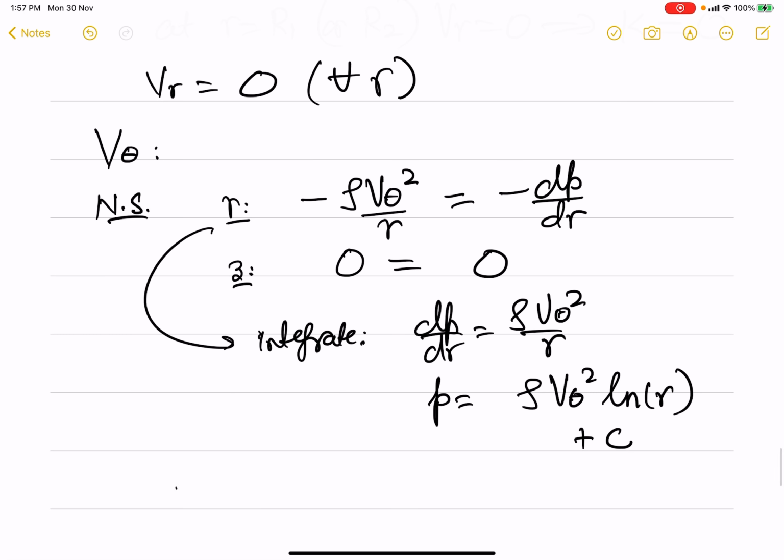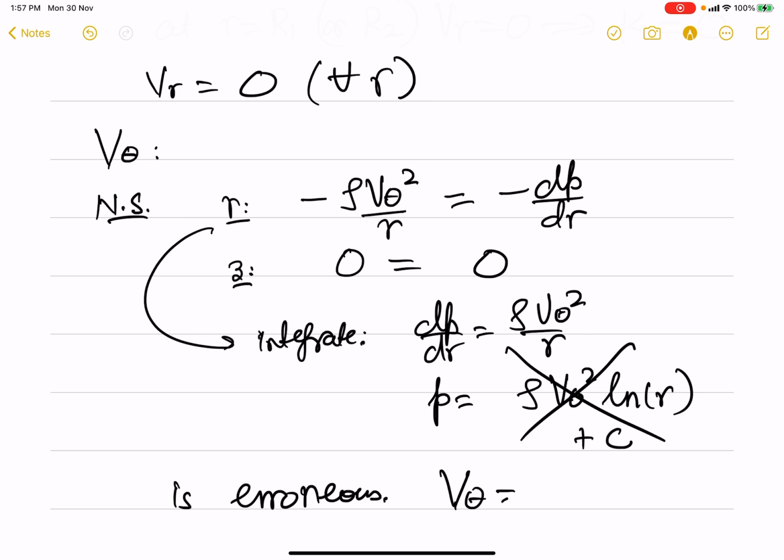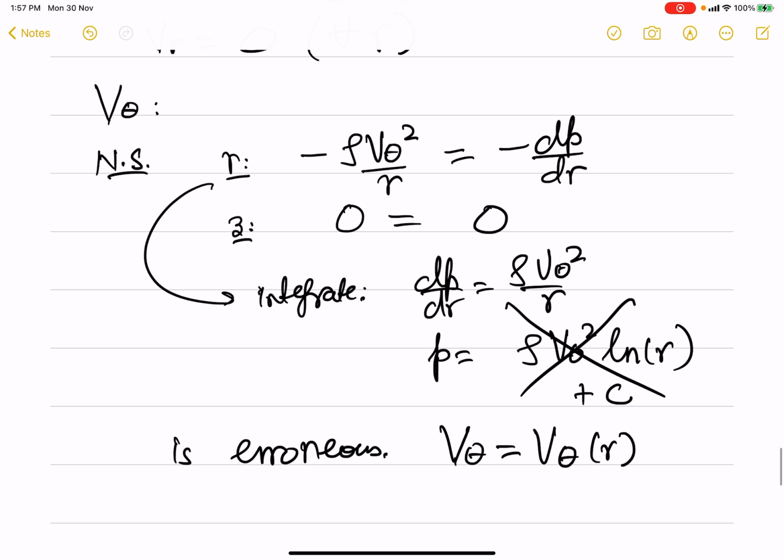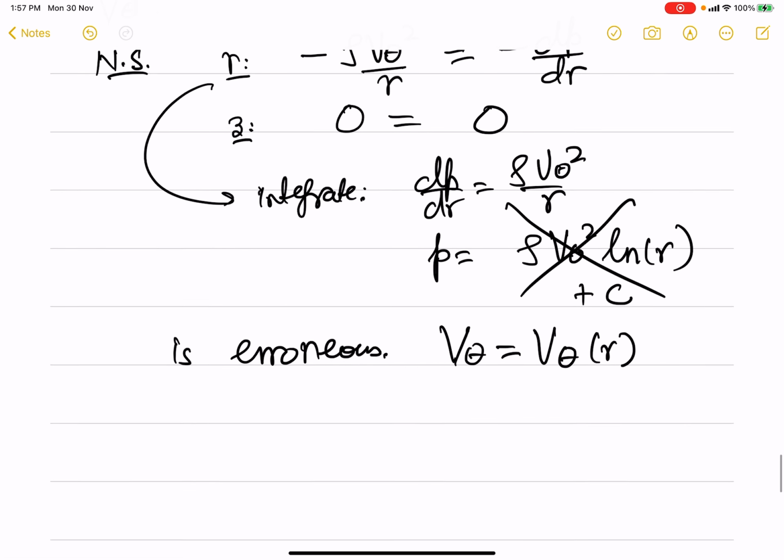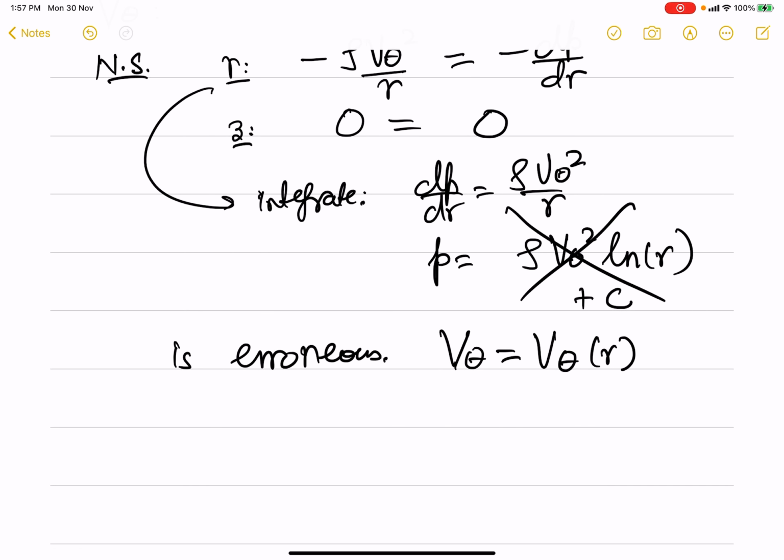This is erroneous. This is wrong. And why? Because v theta is a function of r. So we cannot solve for pressure till we solve for v theta. Therefore we go to the theta equation.